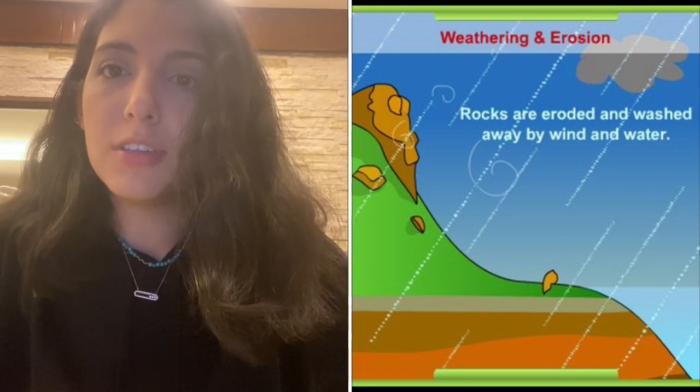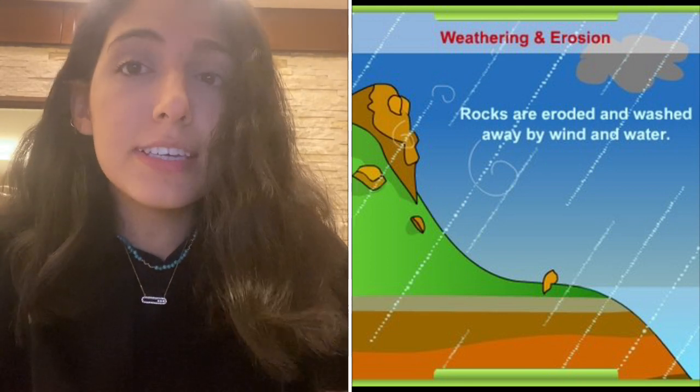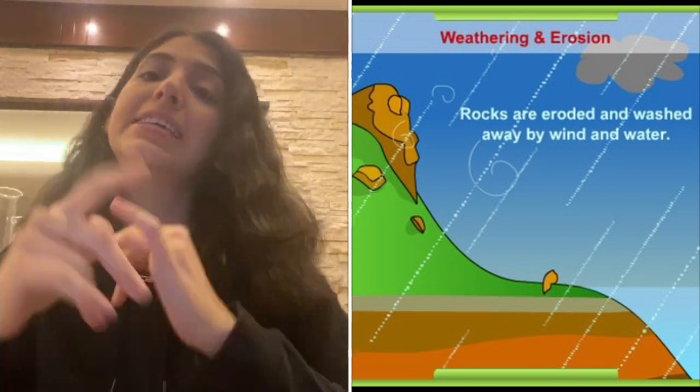Now on to the process of formation of these clastic rocks. The first step is weathering and erosion. The weathering of pre-existing rocks, such as pre-existing igneous rocks, pre-existing metamorphic rocks, or even pre-existing sedimentary rocks. We have two types of weathering. We have physical weathering as well as chemical weathering.